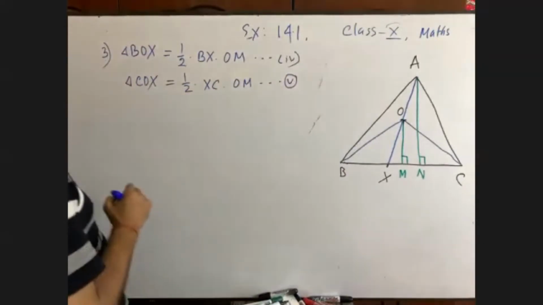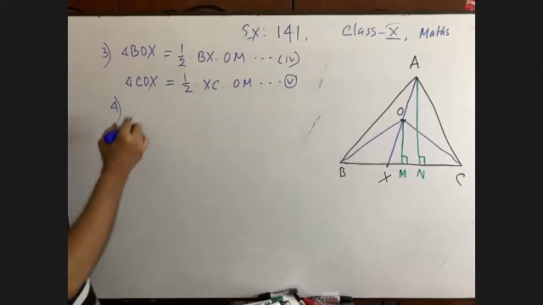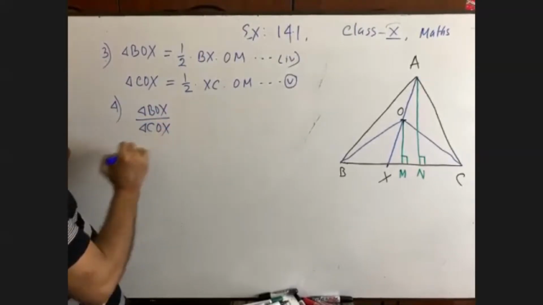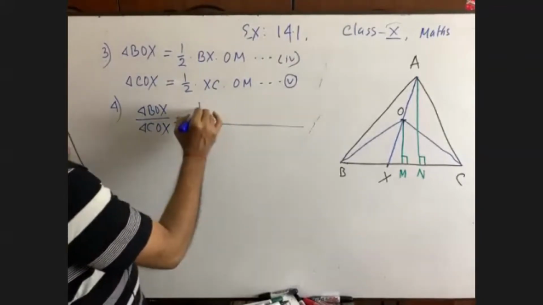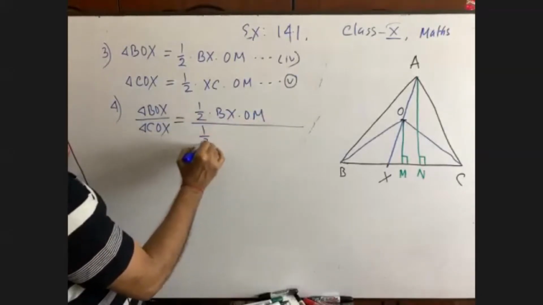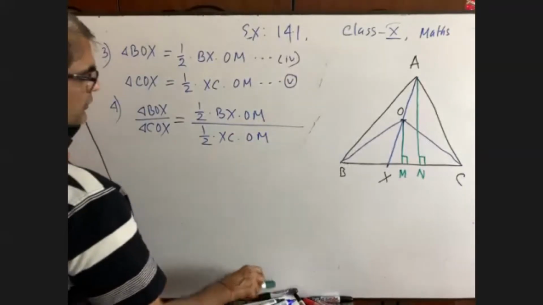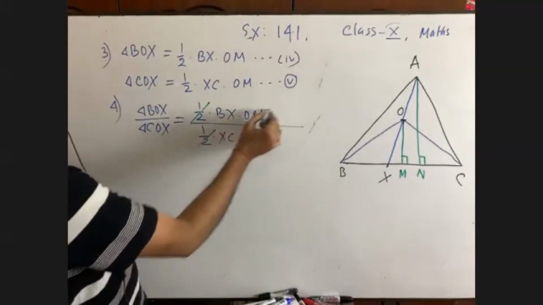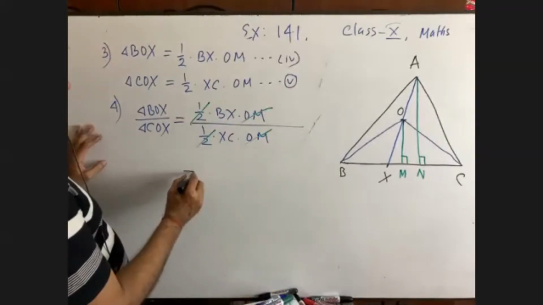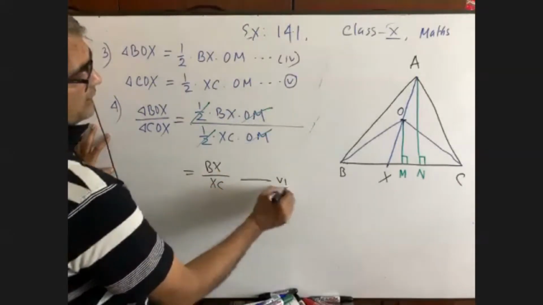It is number 5. Now in step 4, if we divide 4 by 5, we get triangle BOX by triangle COX is equal to half into BX into OM by half into XC into OM. Like the previous math, this half omitted, OM omitted. So we are getting here again the same BX by XC, number 6.